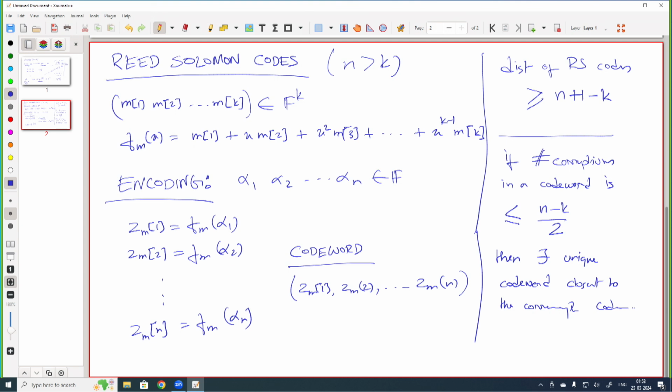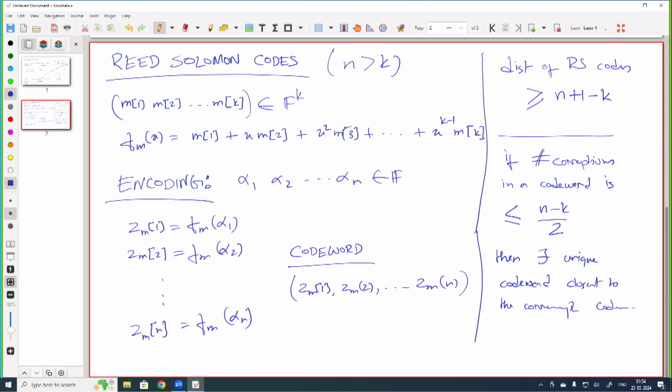So when I built my satellite, I made some assumptions about what the weather is going to be like and other space related things, and based on that I chose my n and k. For example, if I was expecting lots of interference, I will choose a very large n so that the distance becomes larger and larger. If I am not expecting a lot of interference, maybe occasionally a little bit, then I can choose maybe n equal to k plus 5, and that is fine.